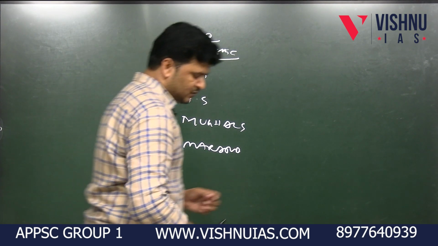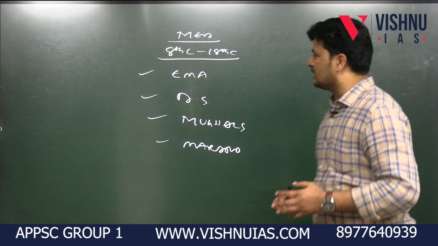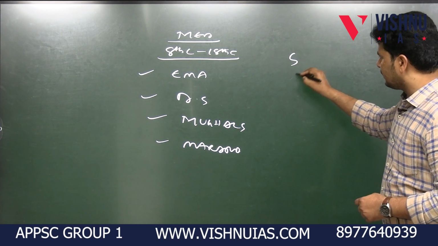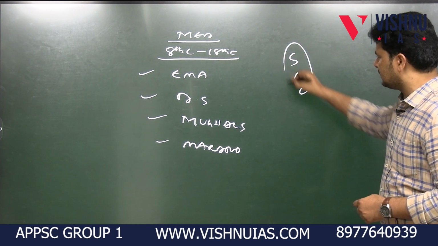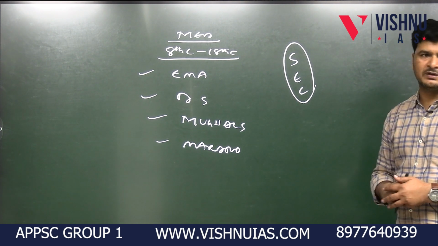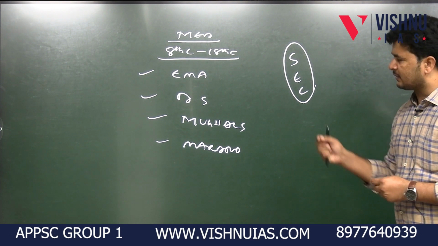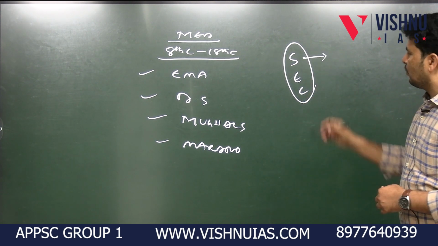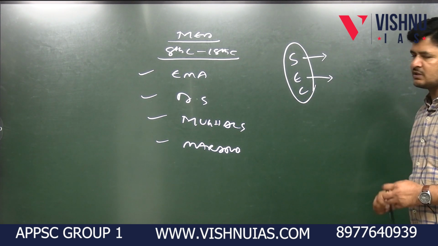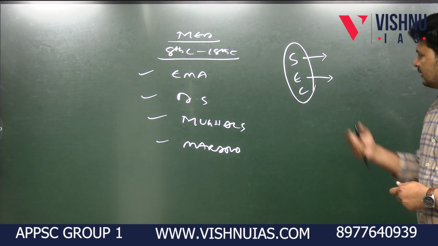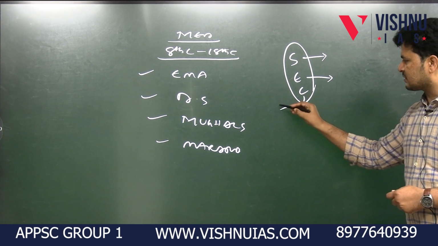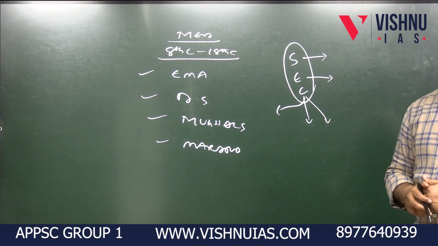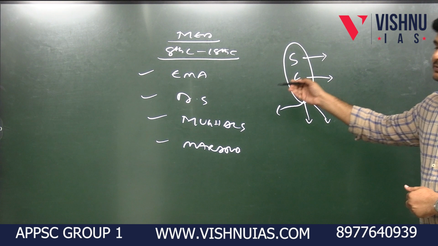When we go through previous question papers, the areas to be concentrated on are, once again, socio-economic and cultural aspects, especially in the early medieval age. Obviously, with a brief background of political history: how Rajput society was, what kind of economic institutions cropped up in the early medieval age, and what cultural contributions were made by early medieval rulers, especially Rajputs.